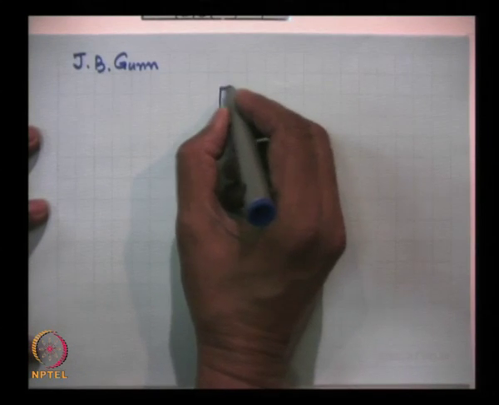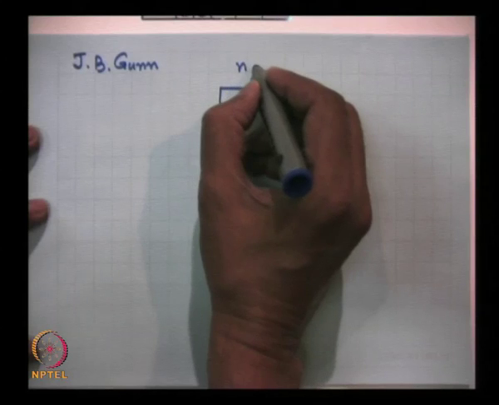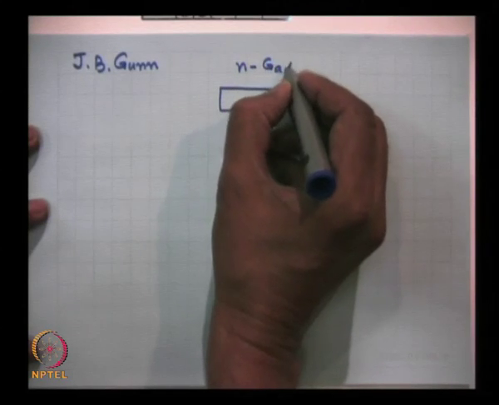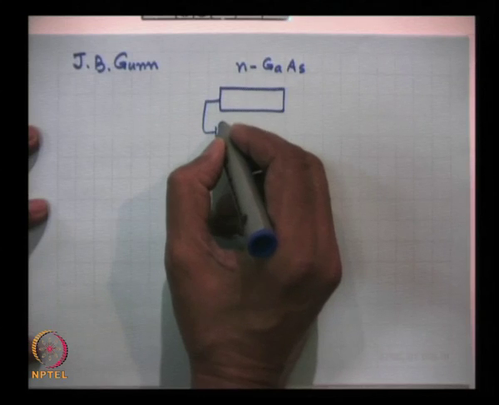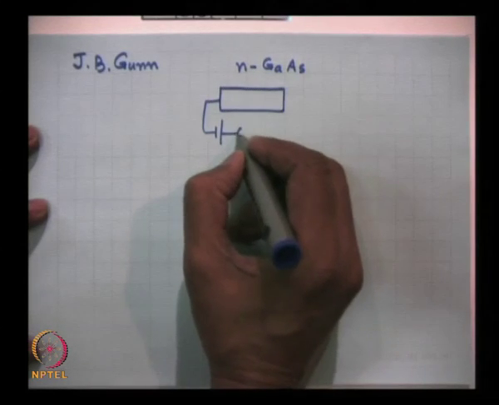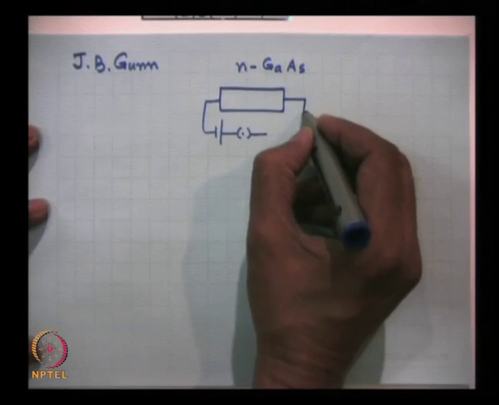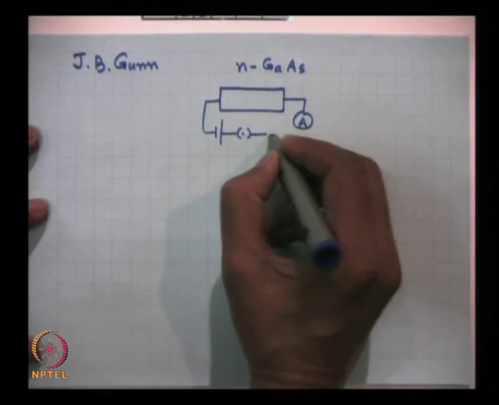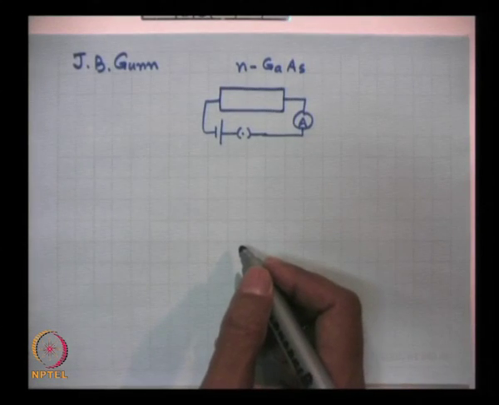He considered an n-type gallium arsenide sample, and he applied a DC voltage here and put an emitter here, and observed the current in the circuit.